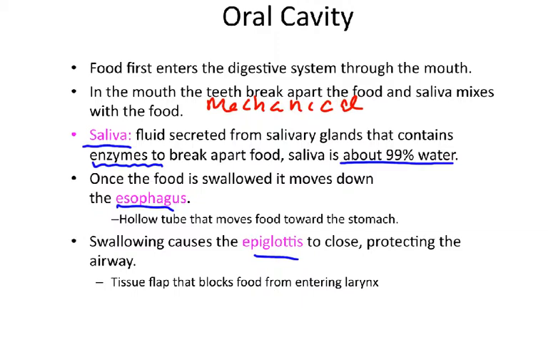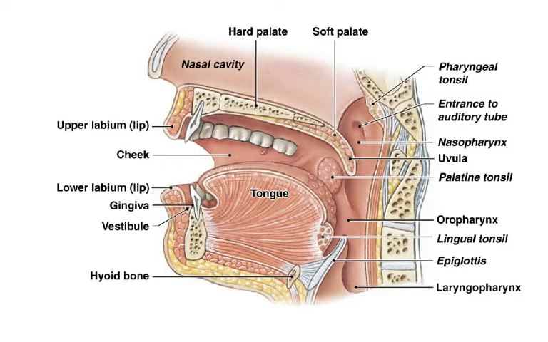So here's a look at the mouth then. This is that epiglottis that we want to target. Basically what happens is you get what we would call a bolus of food, a chunk of food up in your throat. At the process of swallowing, as it's traveling down, the epiglottis is actually gonna go down. It's gonna close over your larynx, preventing you from choking, hopefully.